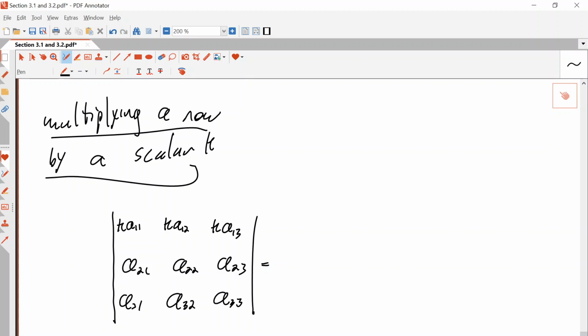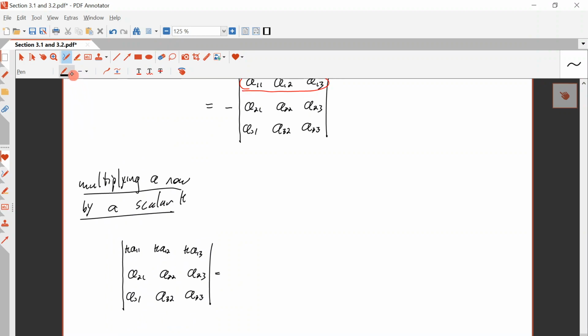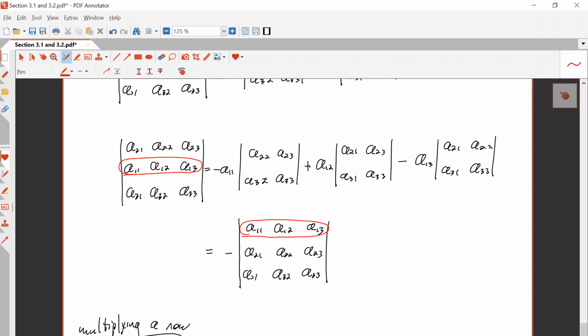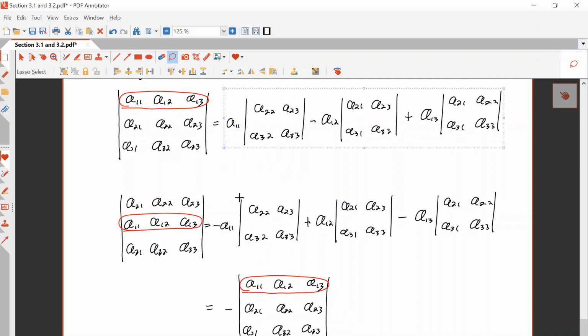Now when I do the cofactor expansion for that one around row 1, I get the exact same cofactor expansion as before, except there's a k in front of every term.